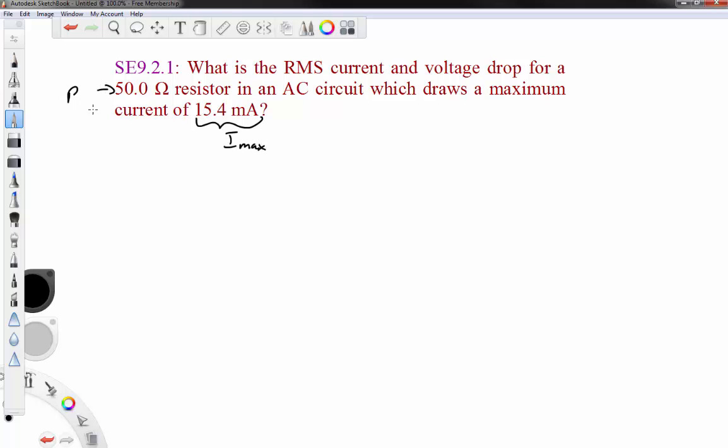This right here represents R. Remember that I RMS is equal to I max over square root 2. So we would have 0.0154 amps divided by the square root of 2.